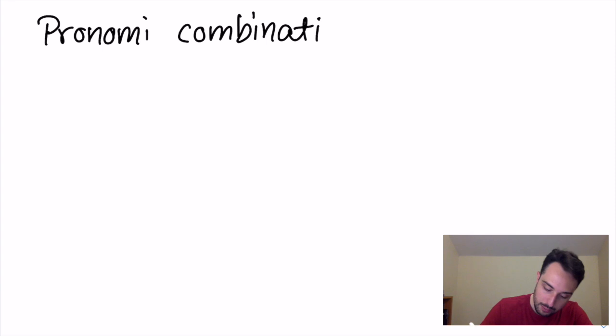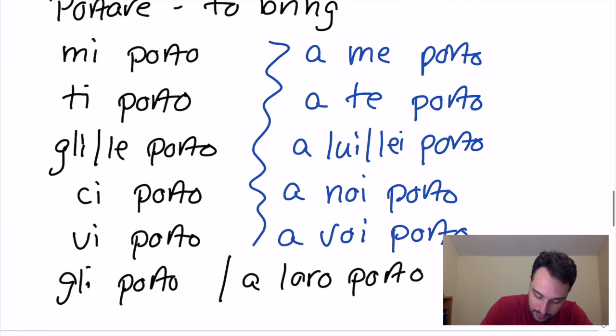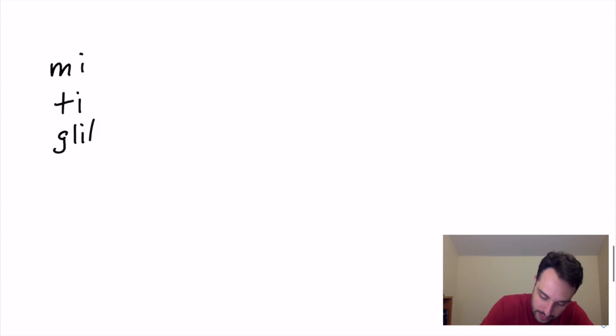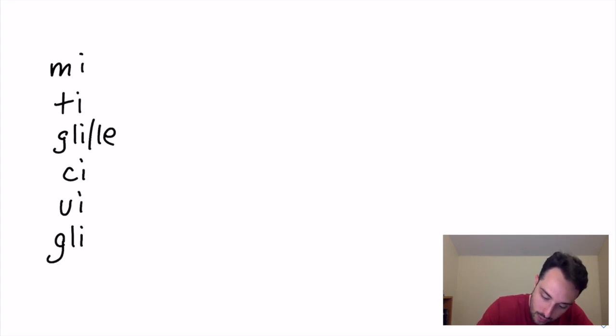So we're going to make a little table, okay? So we're going to have mi, ti, gli, then le, because they're the same. So we're going to put those together. Gli and le, ci, vi, and then gli again. And now we have lo, la, li, and le.